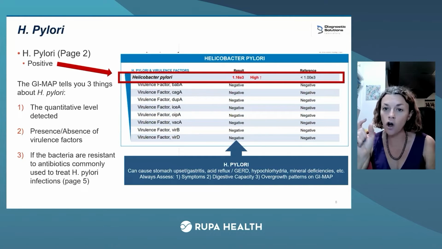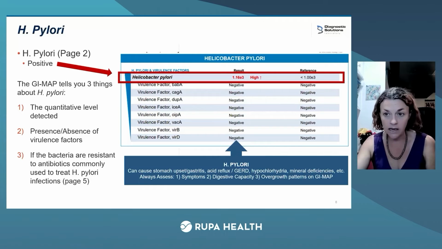One thing I do want you all to understand about virulence factors and the antibiotic resistance genes is that the result of H. pylori needs to be 500, or 5.0 E2, or greater in order for the lab to have enough DNA to process these. If the result is under 500, the virulence factors and the antibiotic resistance genes are going to be reported as NA.